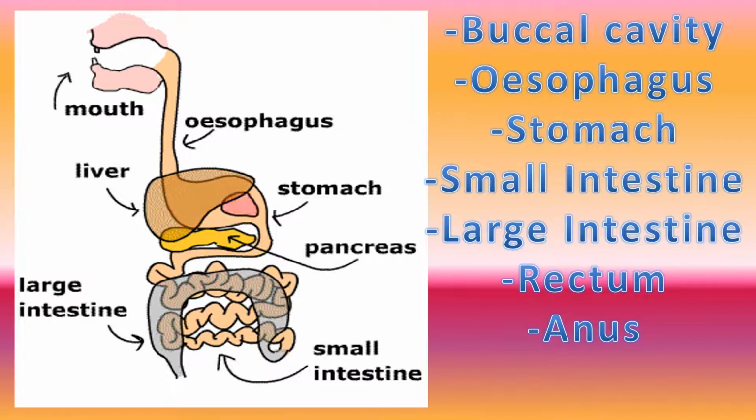The canal is divided into various compartments. The buccal cavity, also known as mouth cavity, food pipe or esophagus, stomach, small intestine, large intestine, rectum, anus.